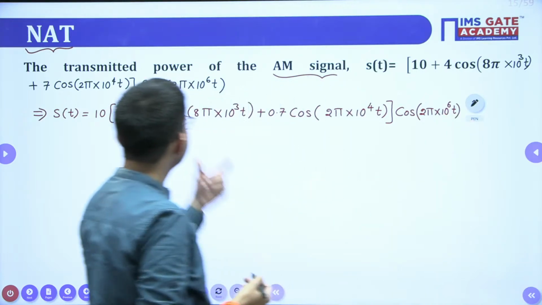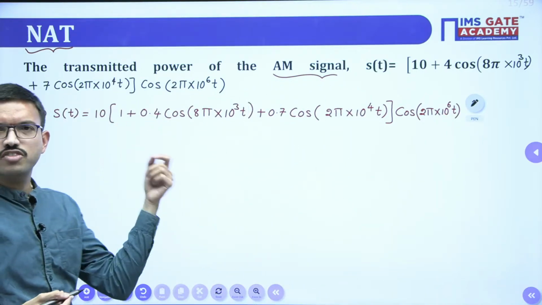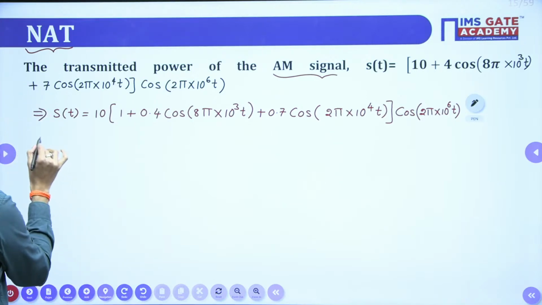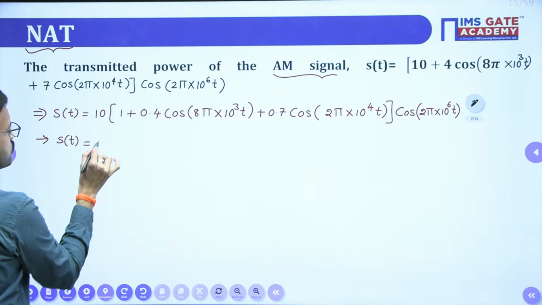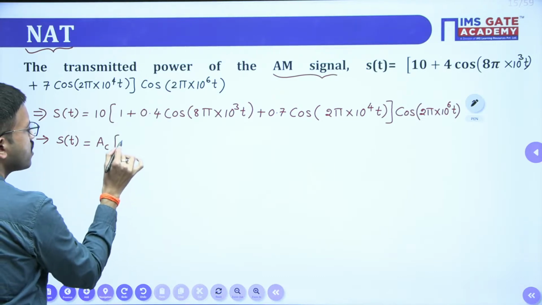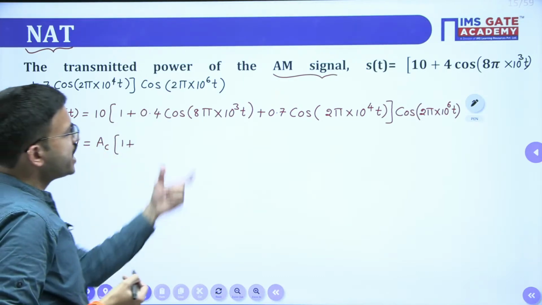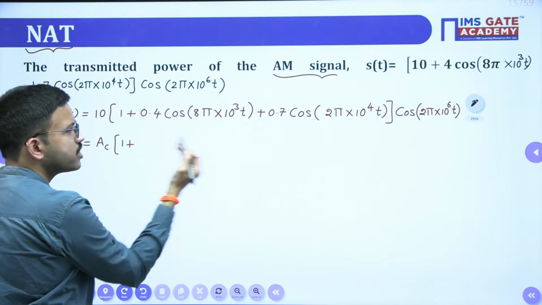Now just compare this equation with the standard equation of the AM wave. S of t equal to Ac into 1 plus, if you have only one signal, then mu into cos 2 pi fm t.